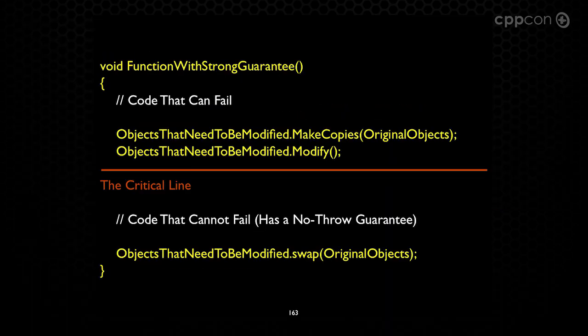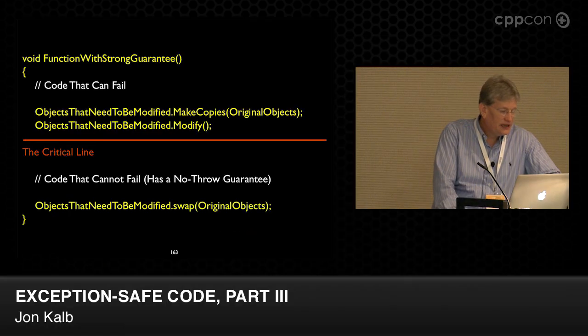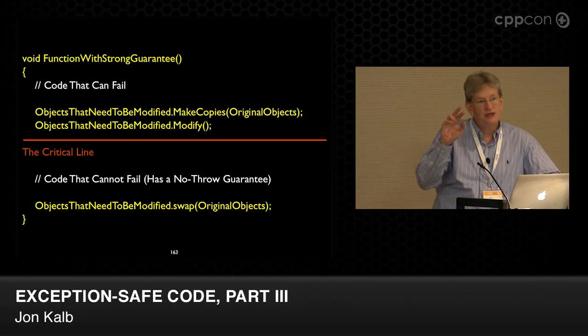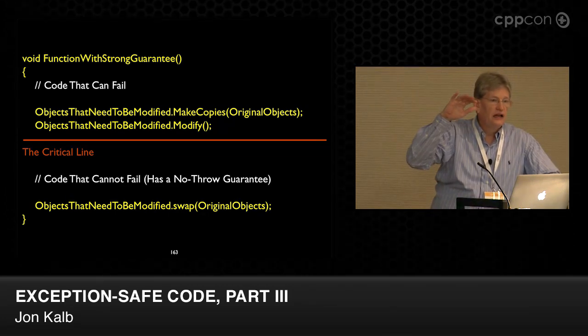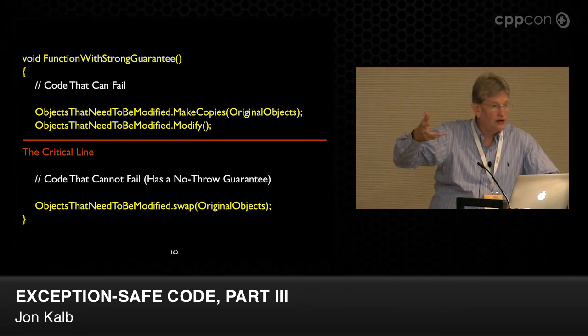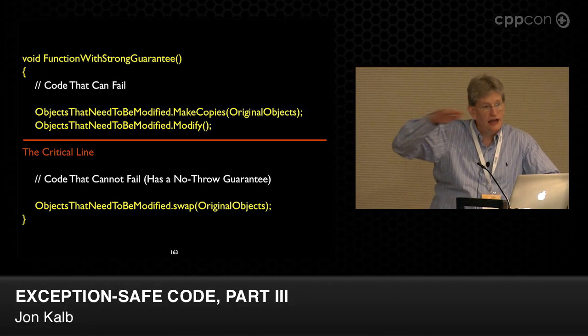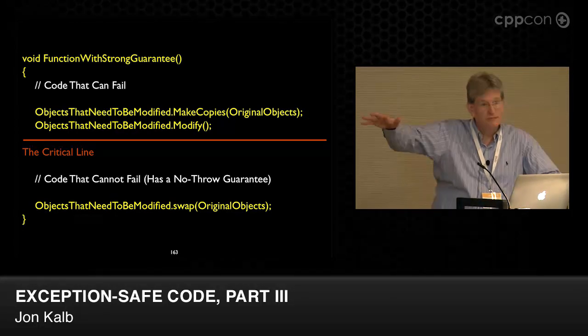But what I want to look at is what I call the critical line. So when we're doing the strong guarantee, one approach is to think about what's called a critical line. The idea is that you draw this imaginary line through your function. Everything above the line can possibly throw, but nothing above the line can modify any invariants.